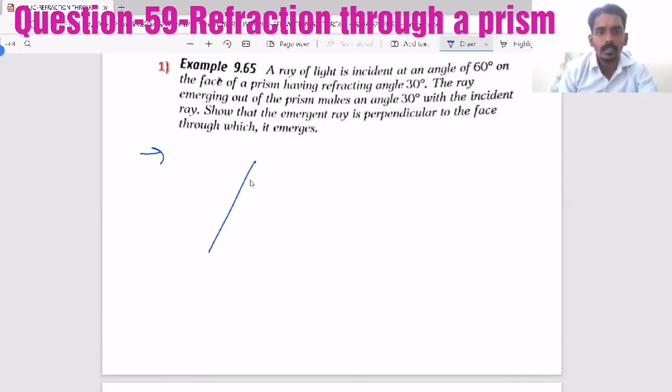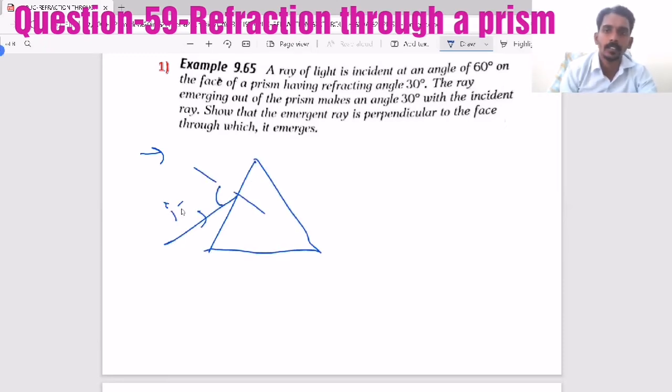See here, the prism you consider, and the angle of incidence is how much? 60 degrees. A prism having refracting angle, nothing but prism angle, that is 30 degrees.